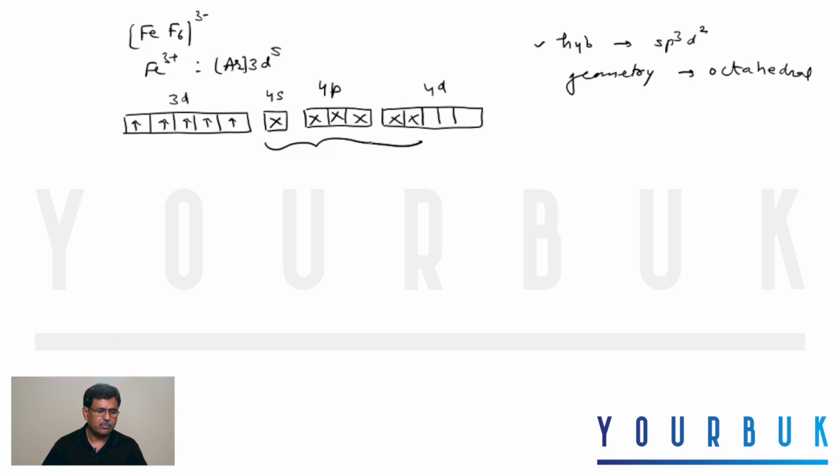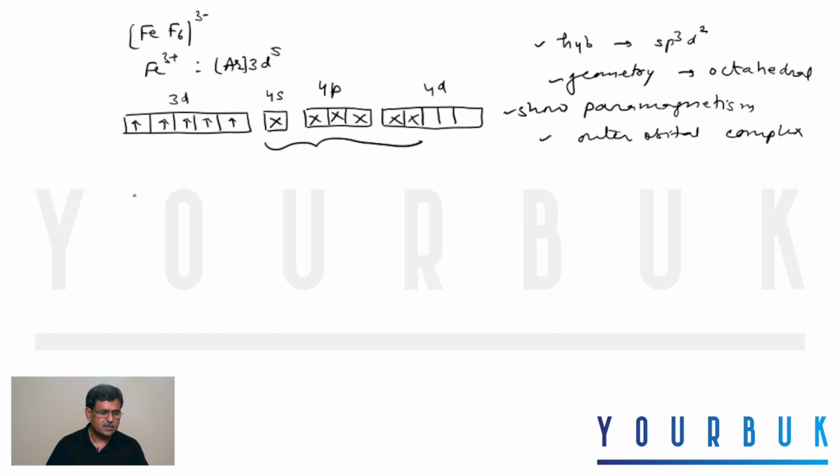With 5 unpaired electrons present, the complex will show paramagnetism, and it is an outer orbital complex, as all the orbitals used by iron are from the outermost 4th shell.